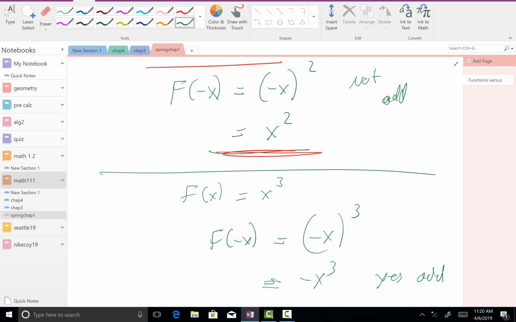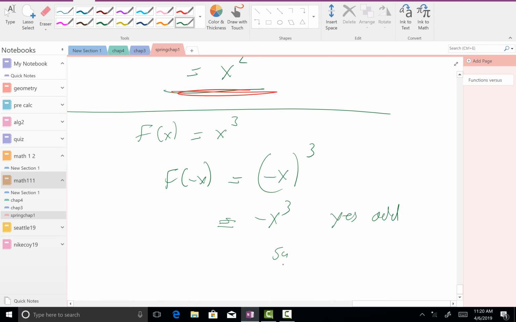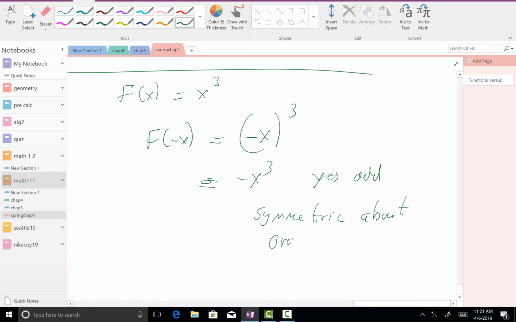Graphically, if you can do that little origin symmetric thing, then you've got yourself an odd function. So this is symmetric about the origin. But that's like the harder symmetric one to do, graphically, okay?